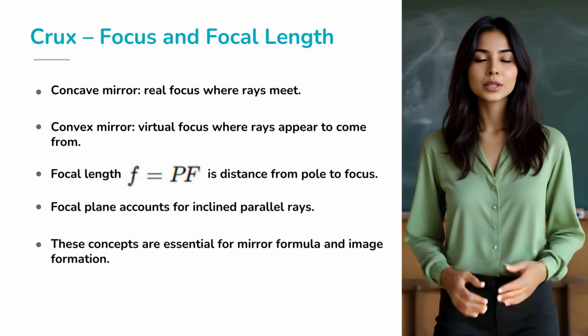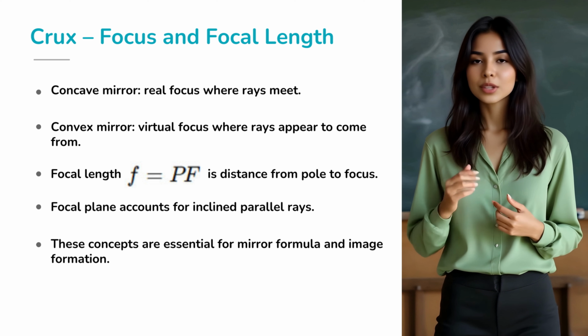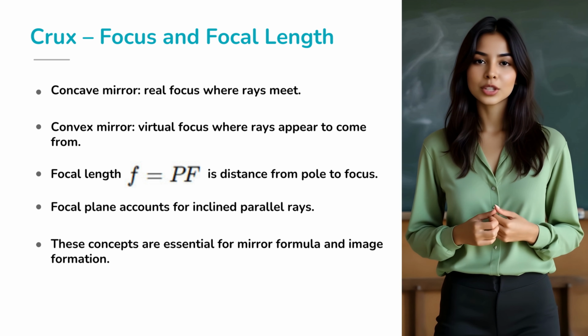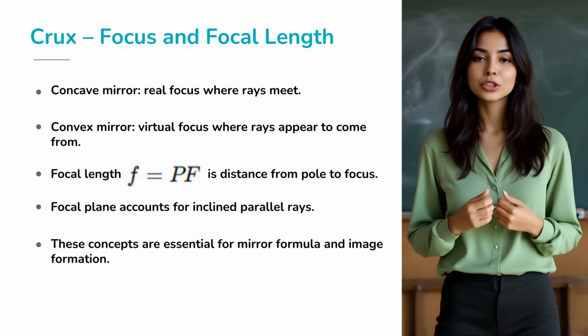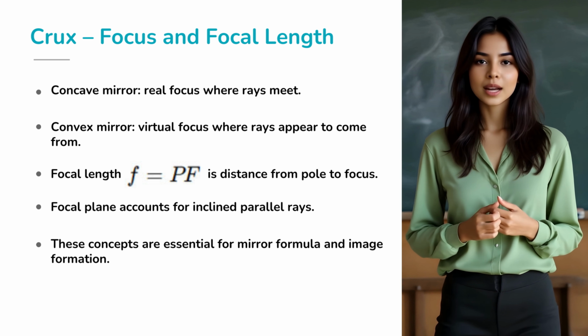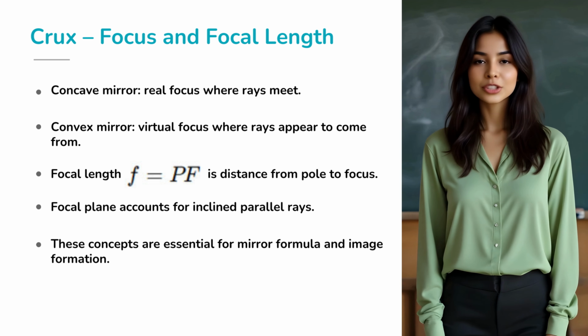So let's wrap this up beautifully. Concave mirrors converge parallel rays at a real focus. Convex mirrors diverge rays, but their backward extensions meet at a virtual focus. The focal length, F equals PF, is the key distance for all mirror equations.